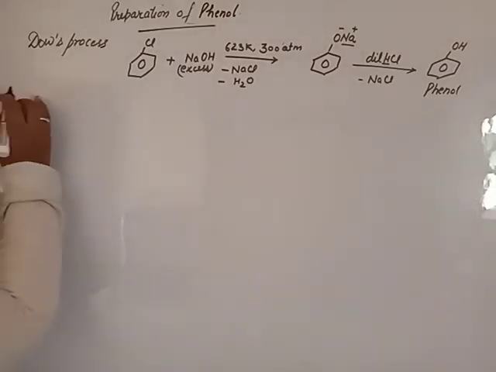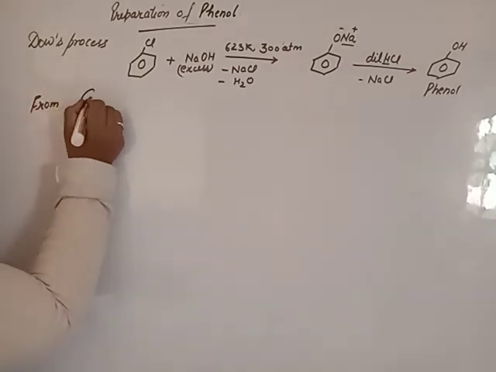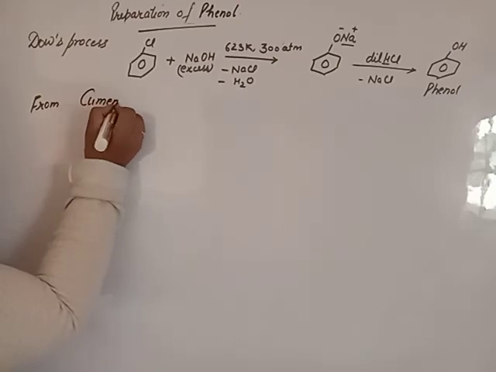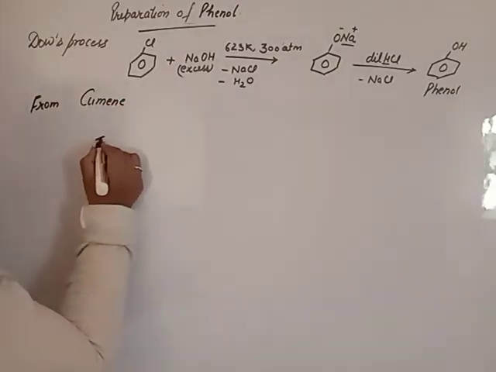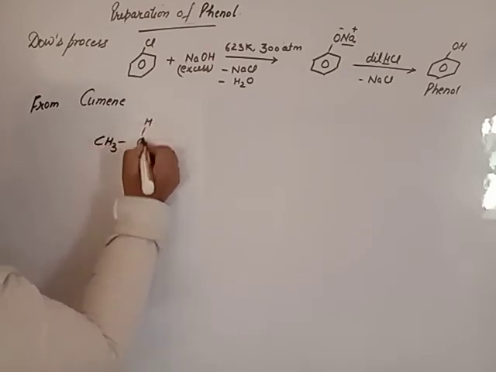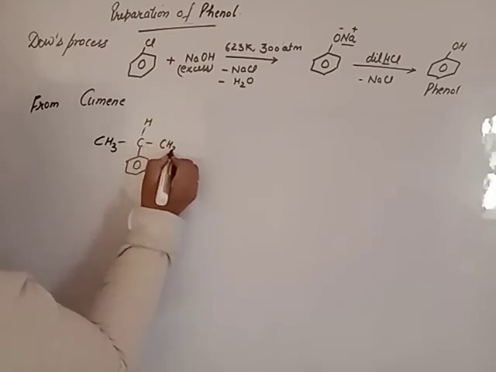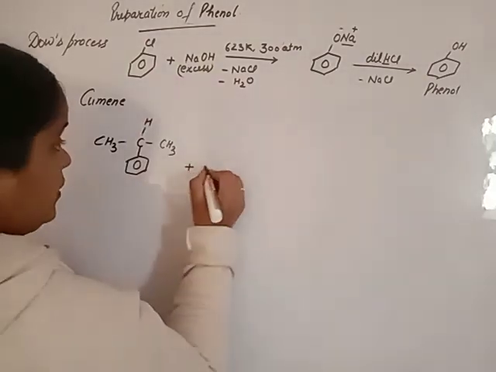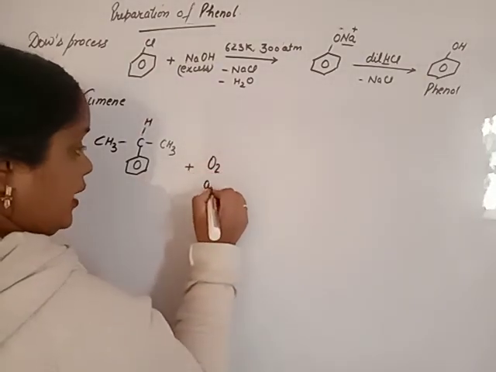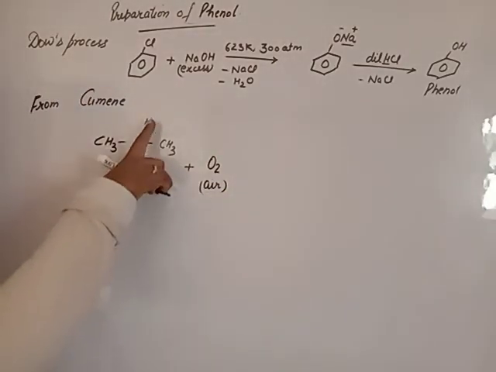Now, another commercial method is from cumene, that is 2-phenyl propane. When cumene is treated with aerial oxygen, the weakest bond is the carbon-hydrogen bond.